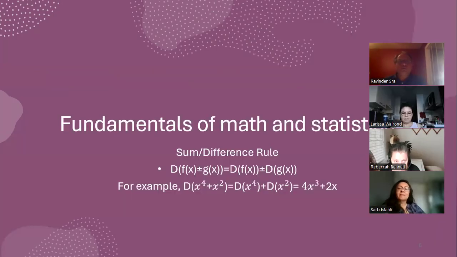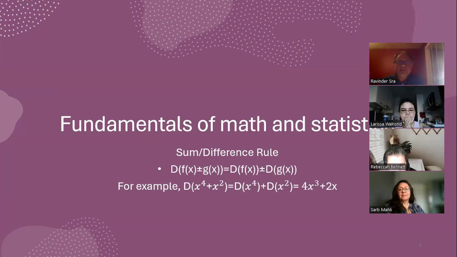Next is, what are the rules for finding the differentiation of different kinds of functions? If there are two functions f and g, and we want to find the derivative of the sum, we can use d with f and d with g. It's very simple. And I give here an example: x raised to power 4 plus x raised to power 2.